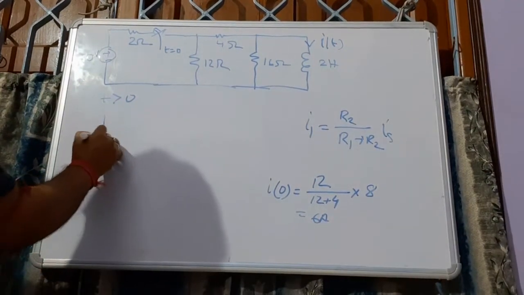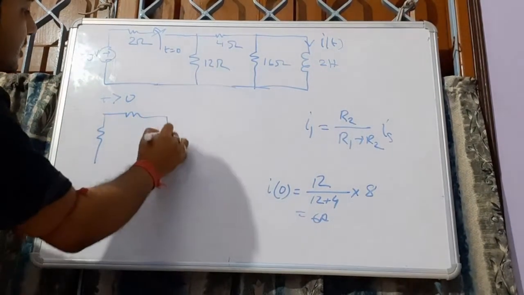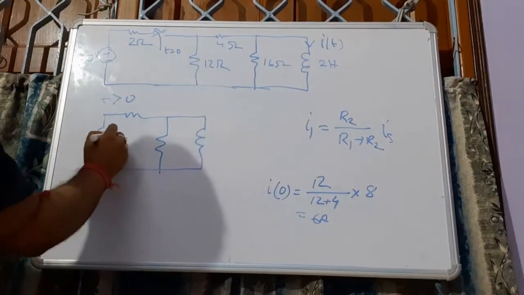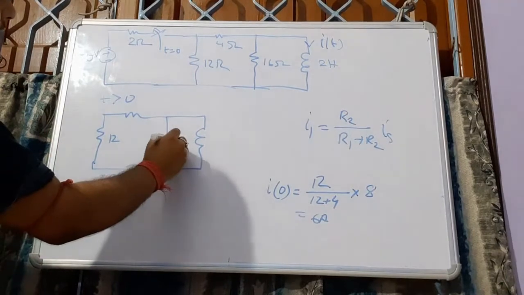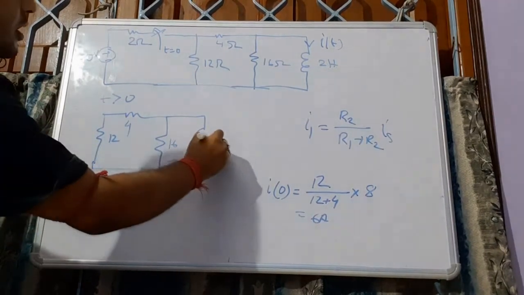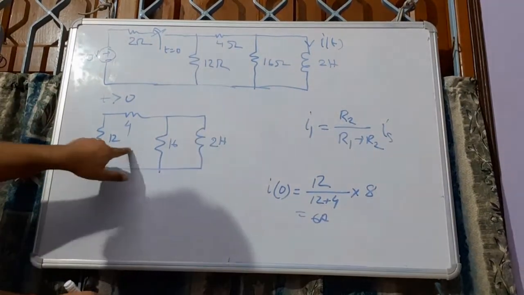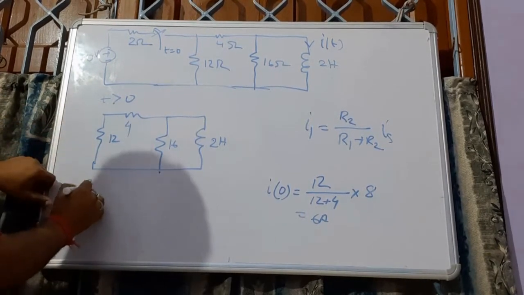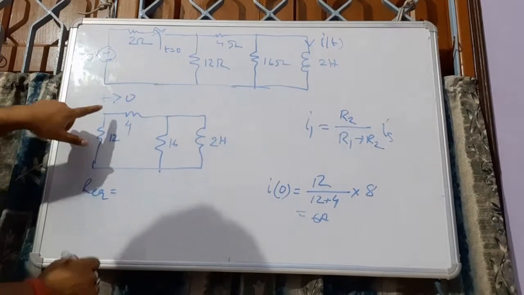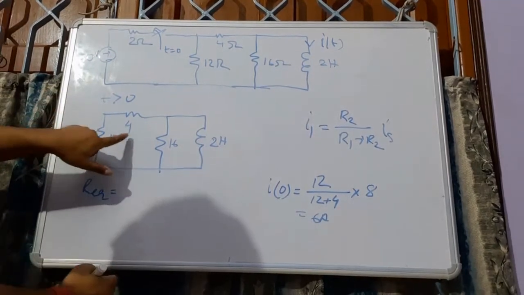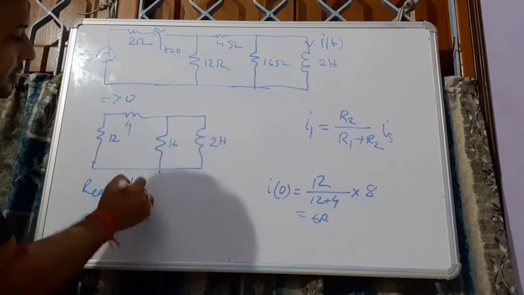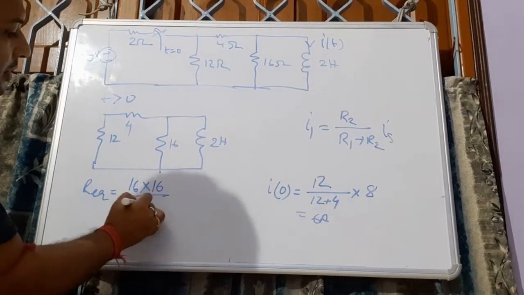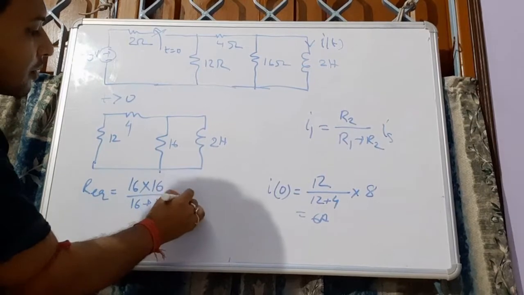This is the resistor, this is 12 ohm, this is 16, this is 4, this is 2 Henry. So what will be the equivalent resistance? This Req will be 12 plus 4 equals 16. The 16 parallel 16, 16 into 16 divided by 16 plus 16. This will be 8 ohm, right?